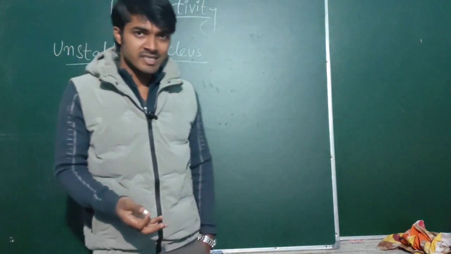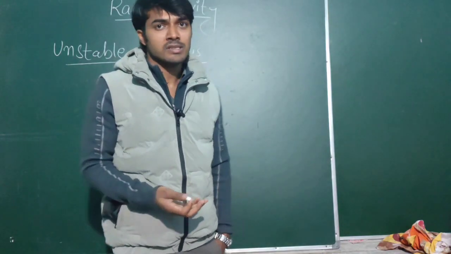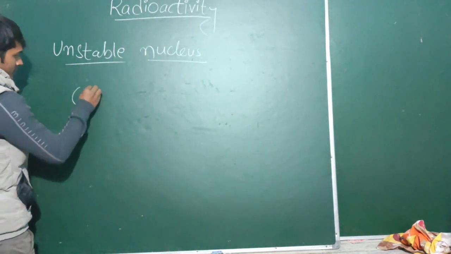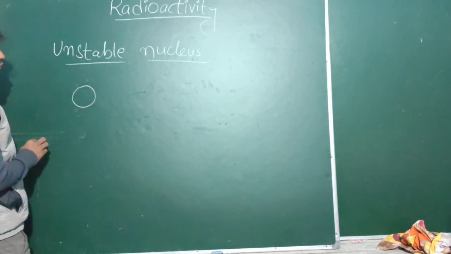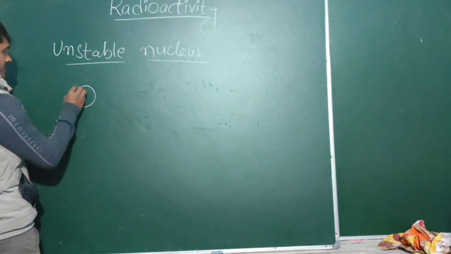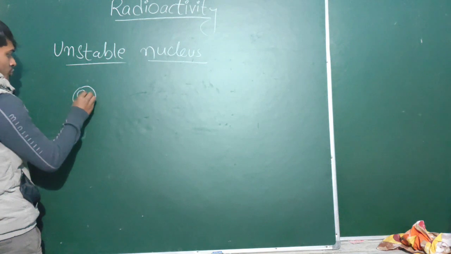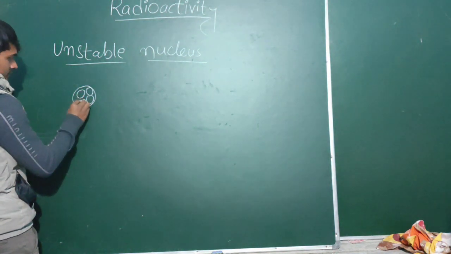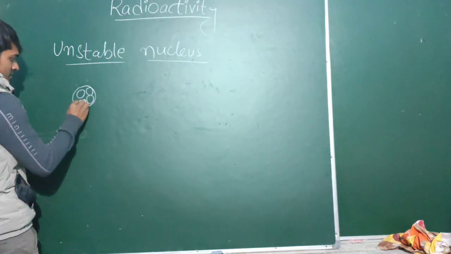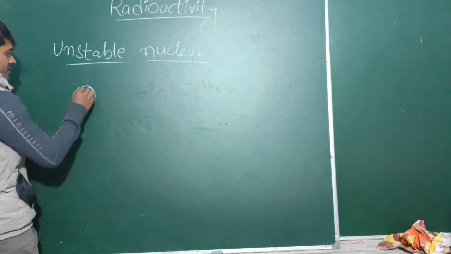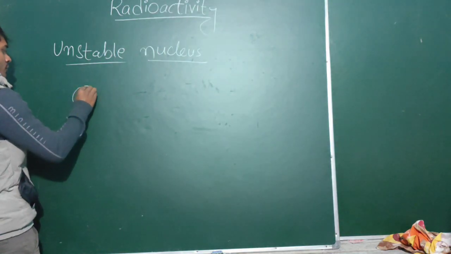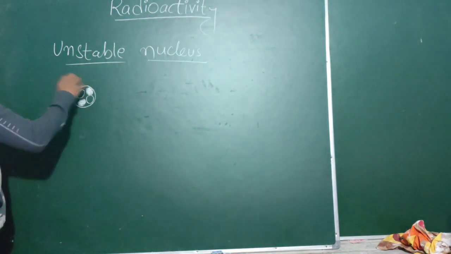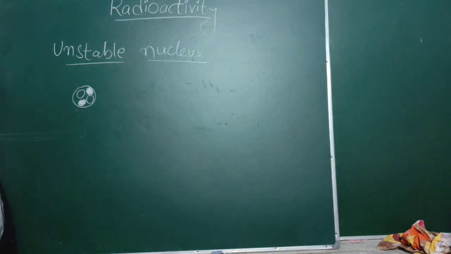In our approach to understanding the instability or stability of the nucleus, we have to look inside the nucleus. The nucleus is composed of nucleons, that is the proton, which is positively charged, and the neutron, which is chargeless. They are fermions, or we can simply call them nucleons. These nucleons, the proton and neutron inside the nucleus, define the stability.